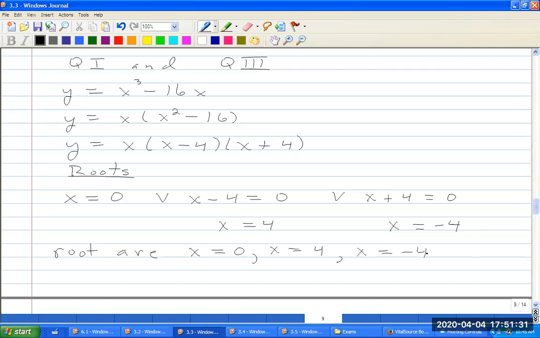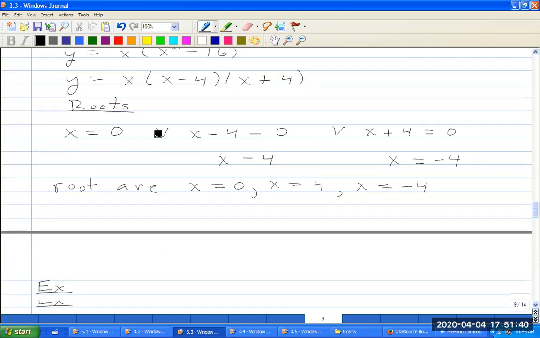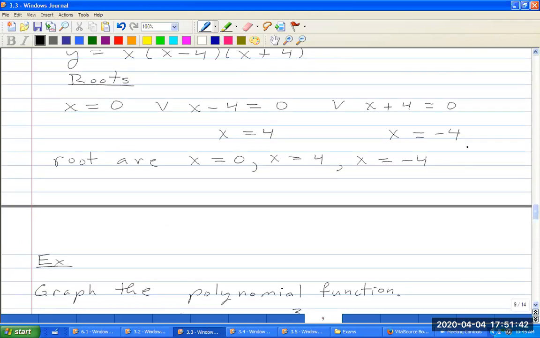And each of these have multiplicity 1 because the exponents here are just 1. Having multiplicity 1, we usually call these simple roots. So each of these are simple roots.